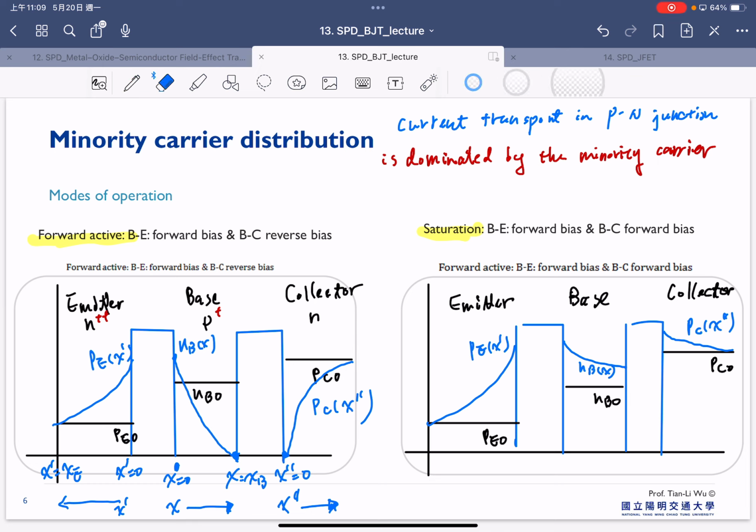To be a little more precise, this should be drawn in like here. This is our NBX, which will be similar to this drawing.